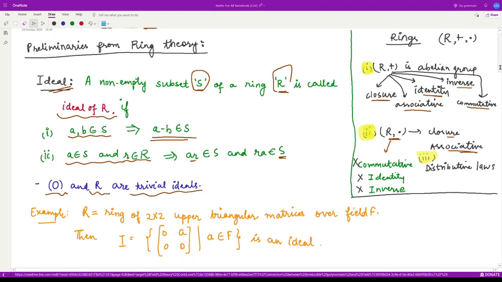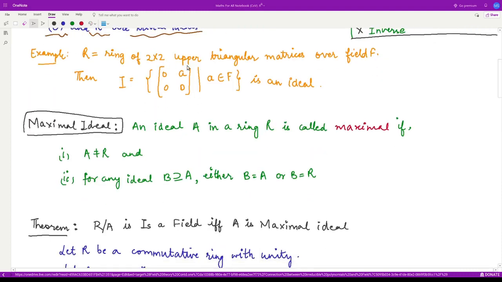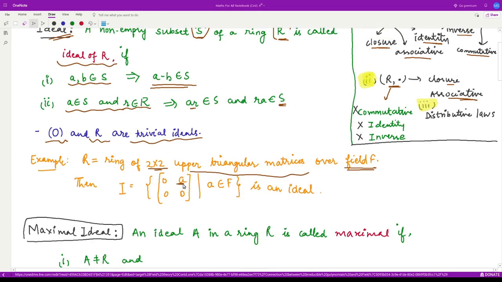So let us look at one example. If the ring is the 2 cross 2 upper triangular matrices, that means the set consists of all 2 cross 2 matrices having entries in the upper triangular area, for example this, and whose entries are taken from the field F. Then this subset, 0 A 0 0, that means A here, is an ideal of the given ring, because you can check that if you take any two elements of this kind and subtract, you will get A minus B over here.